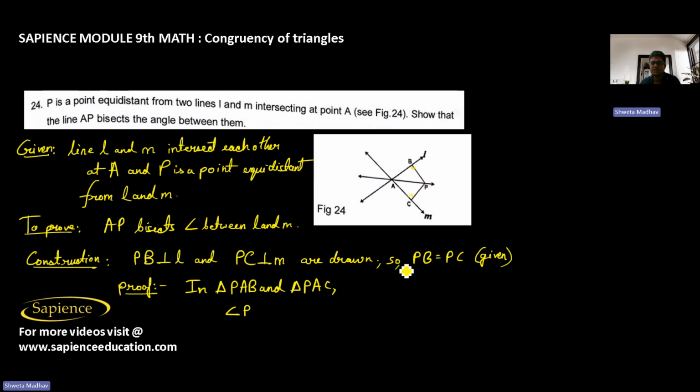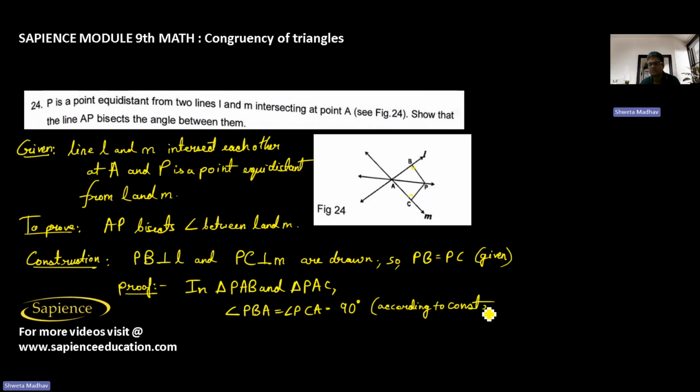So simply I can say that PB will be equal to PC. Now here in triangle PAB and PAC, angle PBA is equal to angle PCA, which is equal to 90 degrees, according to the construction.